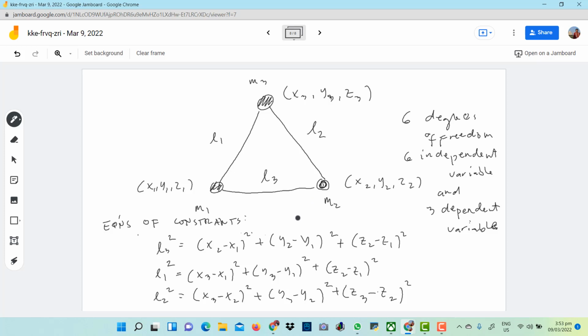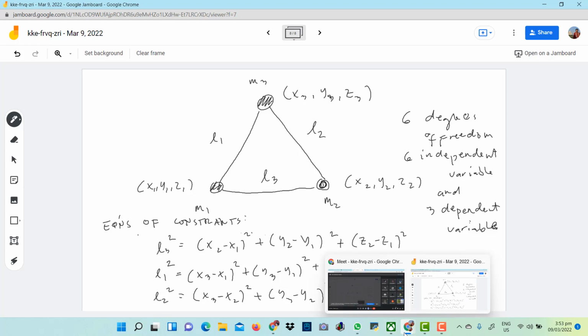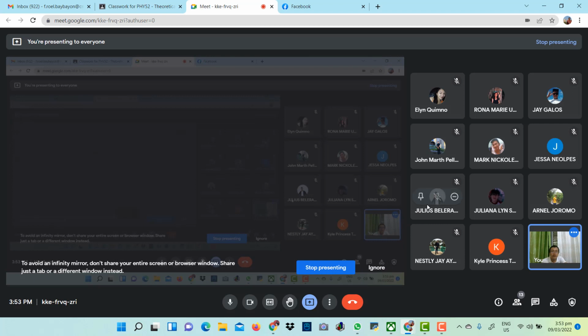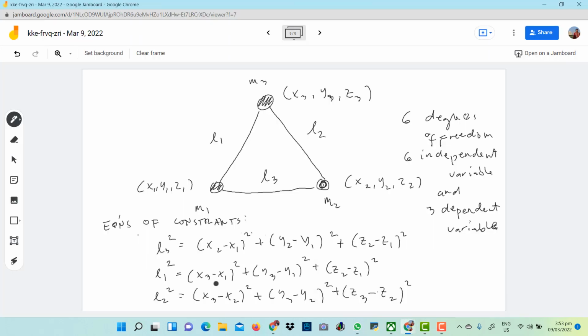You have to use the distance formula, in 3 dimensions. Right? Distance formula in 3 dimensions. So L3 is the distance between M1 and M2, so we'll use the distance formula. The distance formula is just this equation here: x3 minus x1, position along x, squared, position along y, and so on. So that's the distance formula.